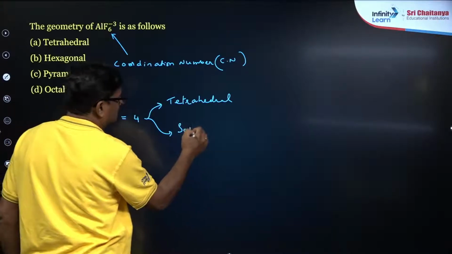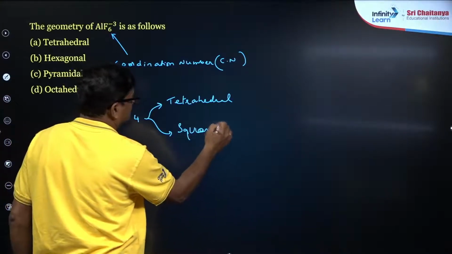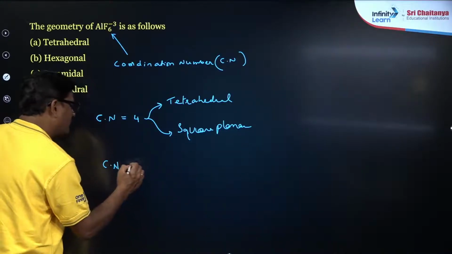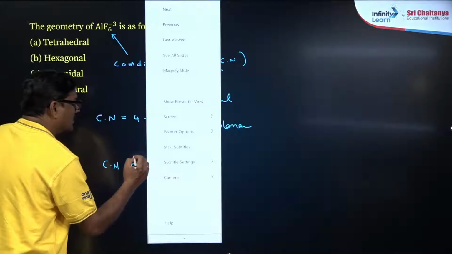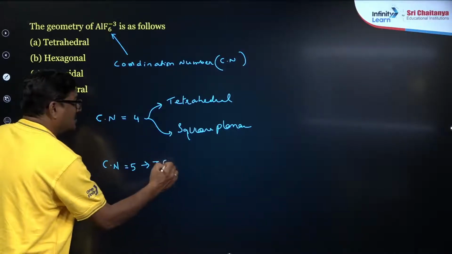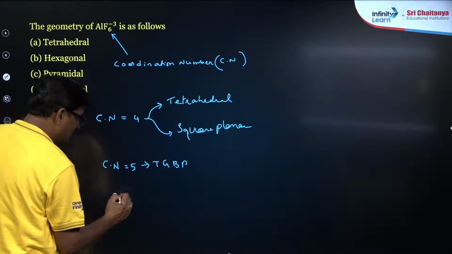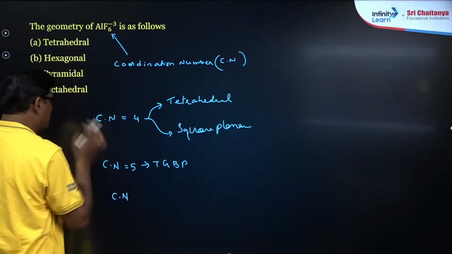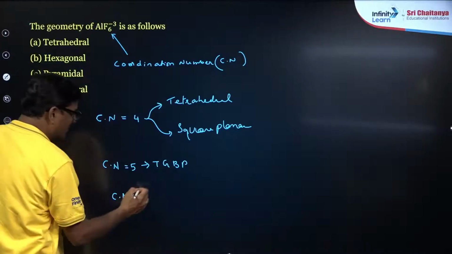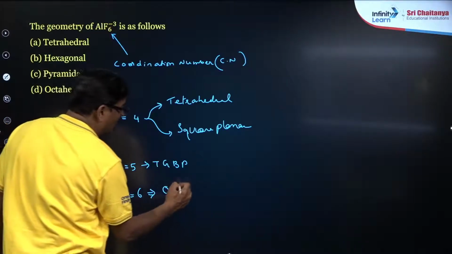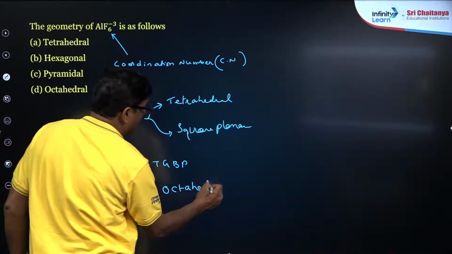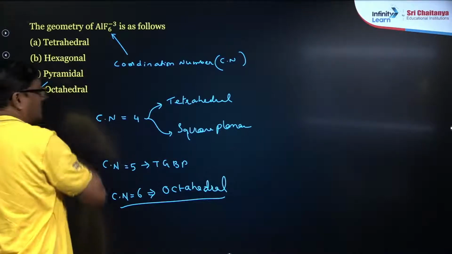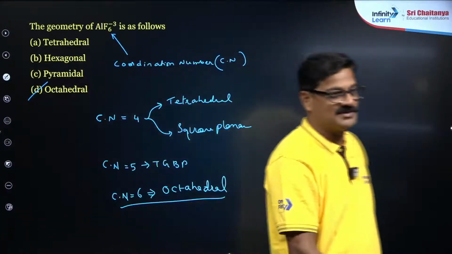If coordination number 5, you are going to get trigonal bipyramidal, TGBP. Coordination number 6 gives only one thing: it is going to be octahedral. Option D is the correct answer for this question, right?